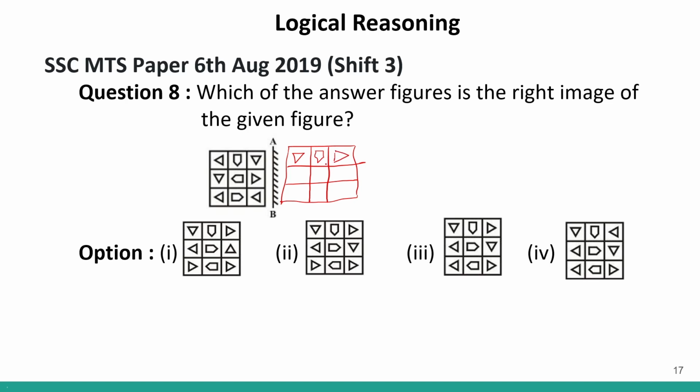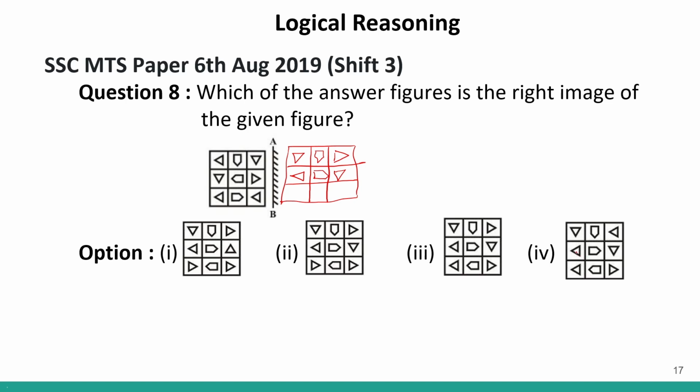So if I look at the options, the first row is same in each. Now let us come to the second row. So second row, this will look like this. This will look something like this, opposite direction, and this will look like this only. So this is given in which? This is given in each of the options. So row number 2 is same in each figure.